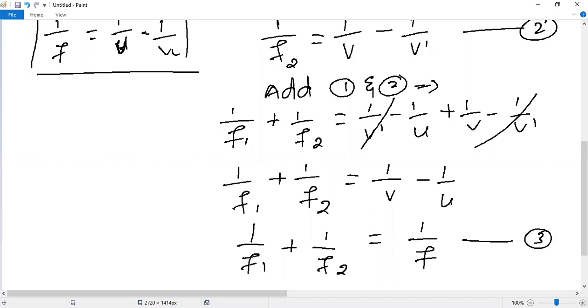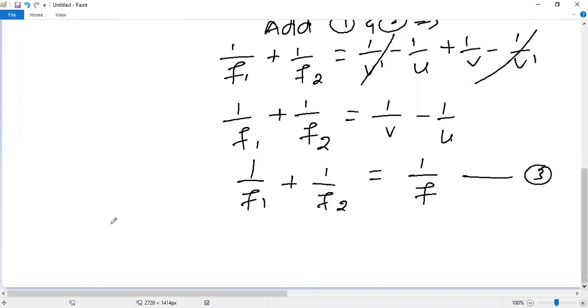So this is the formula for the combination of thin lenses: 1 by f1 plus 1 by f2 equal to 1 by f. For the combination of power, 1 by f1 is p1, 1 by f2 is p2, equal to p.